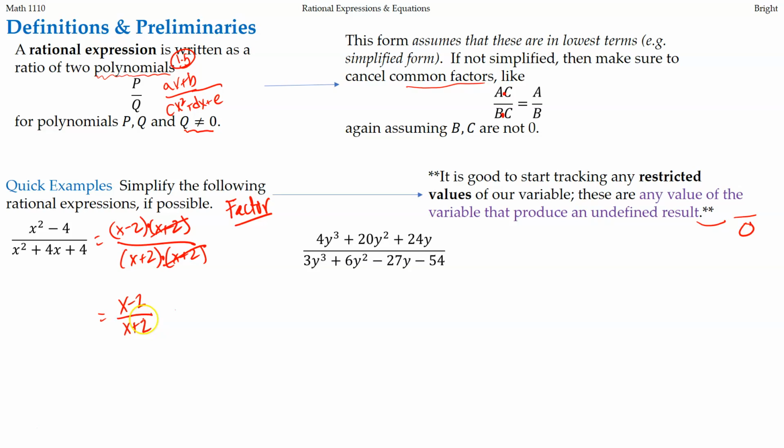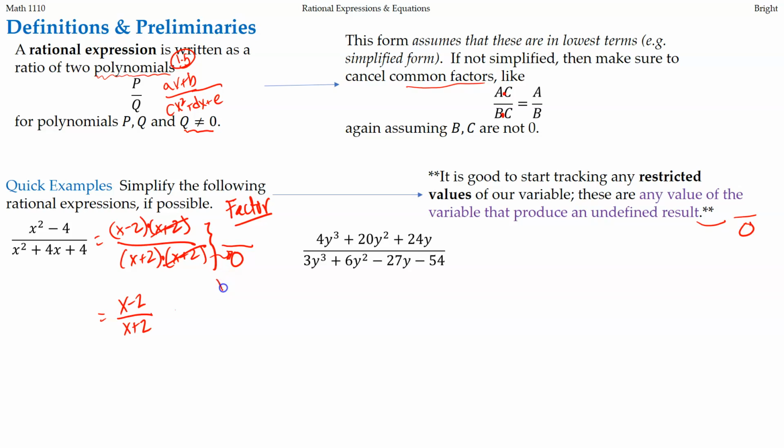Now I mentioned restricted values. Restricted values actually come into play in this original part here. It would be whatever produces 0 in the denominator. So really, it's the same as factoring and then setting the denominator equal to 0.